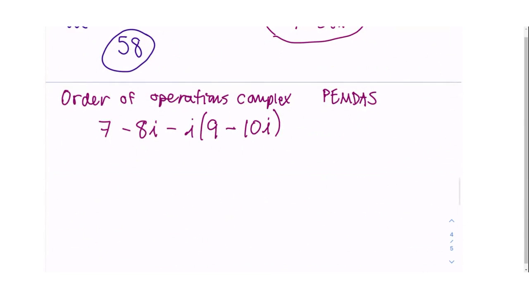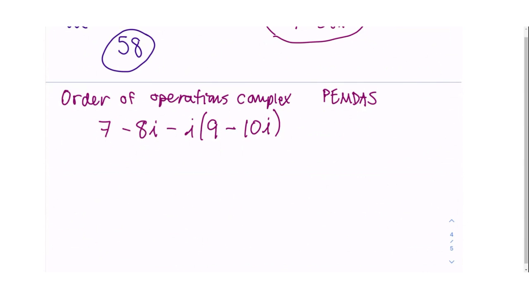But yes, that's good. The P instead of polynomials, it stood for parentheses. The P in PEMDAS stands for parentheses, but polynomial sounds like it fit too, doesn't it? Okay. All right, order of operations.